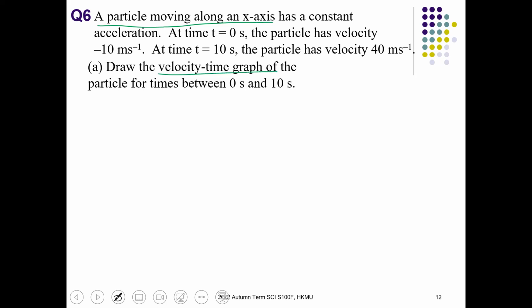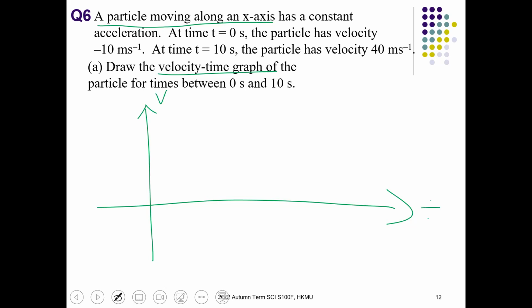Since we're going to draw the VT graph, we need the x-axis and y-axis. For the y-axis, this is velocity, and for the x-axis, this is t. Bear in mind that for both axes, put down the unit.